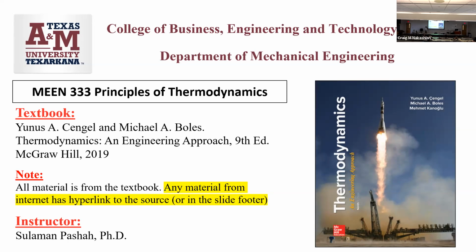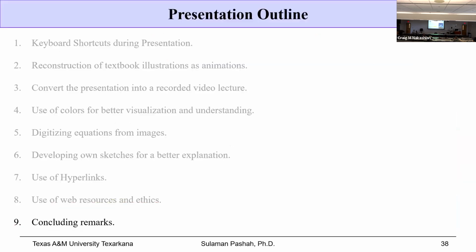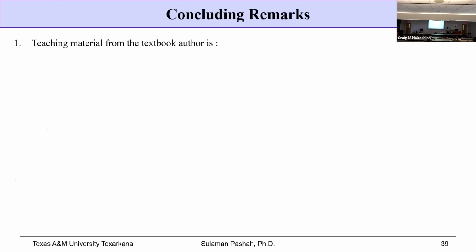If any illustration is coming from the internet, I try to put a hyperlink. I have to do a little bit more work about this citation work, just to avoid violation of any copyright. But I try to give credit. That's the minimum I'm doing, but I know that this is not enough, and I will be trying to see what are the most of the things which are coming from Wikipedia, they are open source. With this, I come to the end of my presentation.